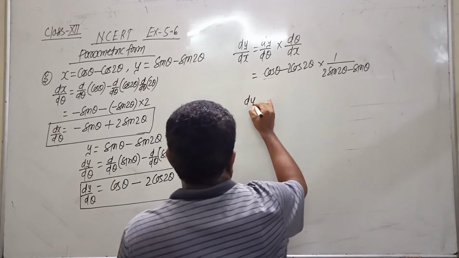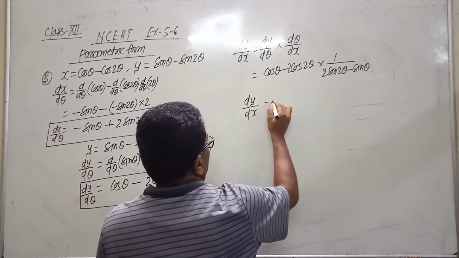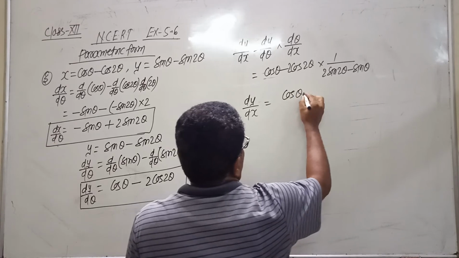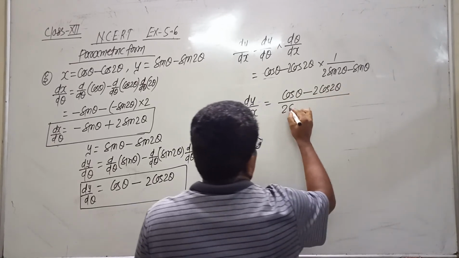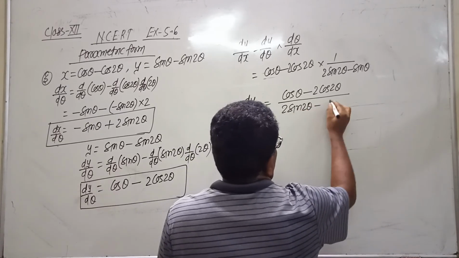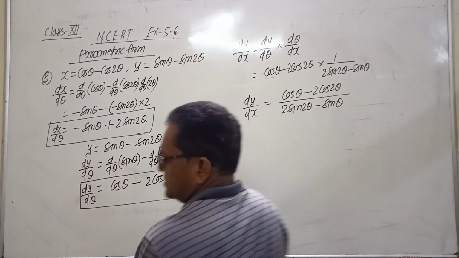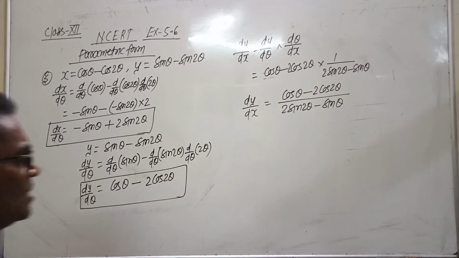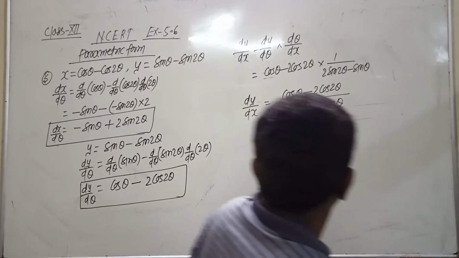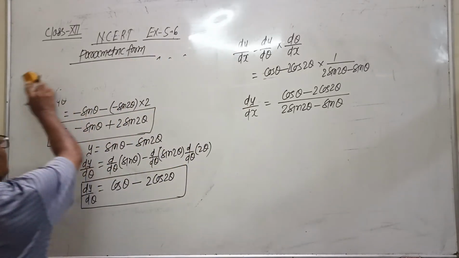So the final result: dy by dx equals cos theta minus 2 cos 2 theta upon 2 sin 2 theta minus sin theta.